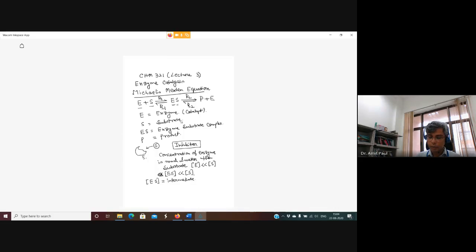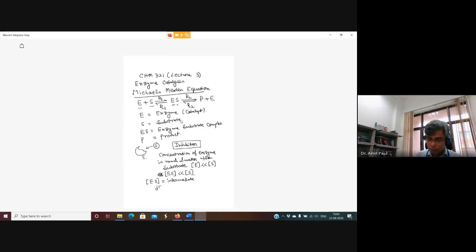And as we know, for an intermediate we use a common methodology, to apply the steady state approximation, right? So that's what again we are going to do.